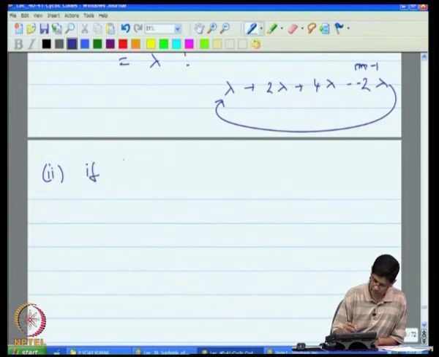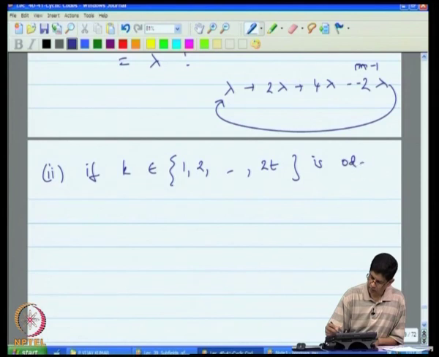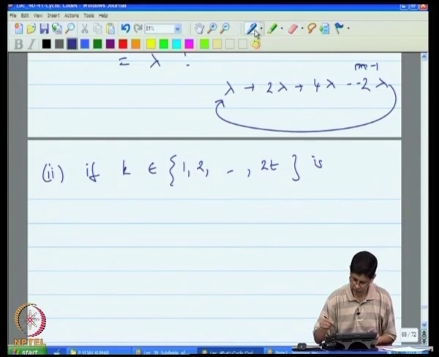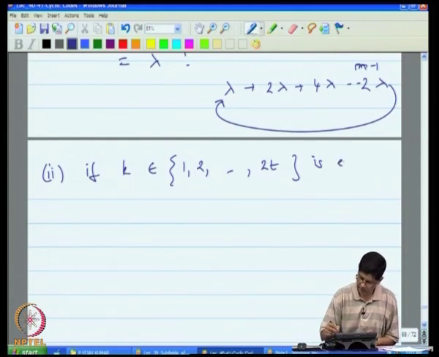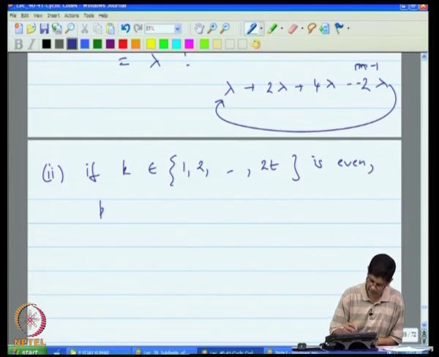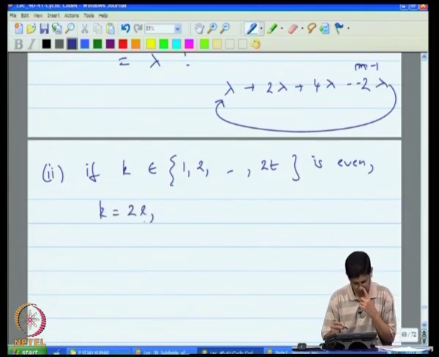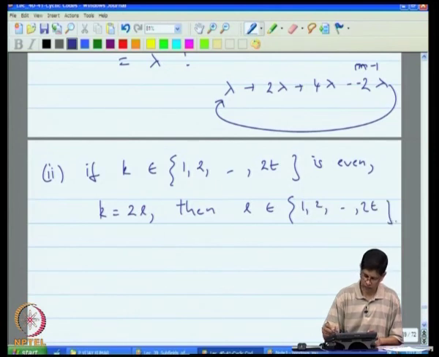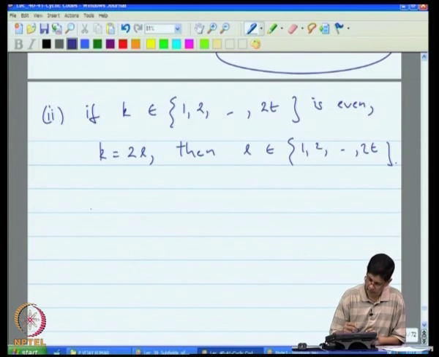If k, from 1 up to 2t, is even, let us say that k is equal to 2l, then l is already in this set, and k and l belong to the same cyclotomic coset.